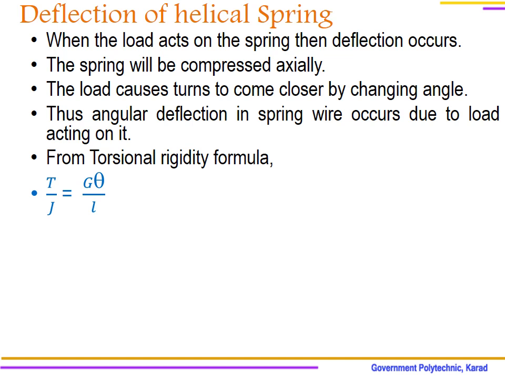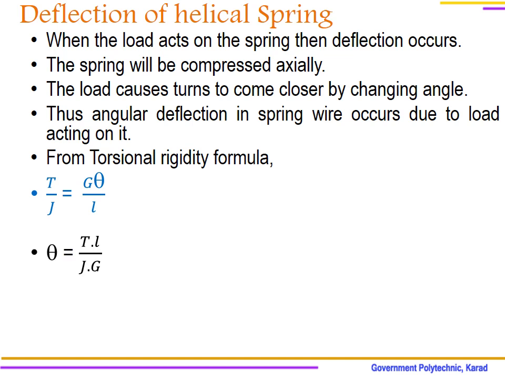Here, so as to find deflection of a helical spring, we are going to design the spring based on the torsional rigidity formula, where theta is the angular deflection and L is the length of the spring. You can say length of that wire. T is the torque and J is the polar moment of inertia for that spring wire.